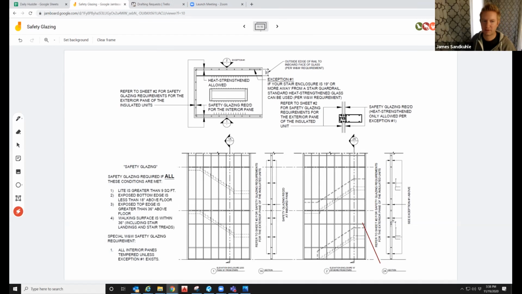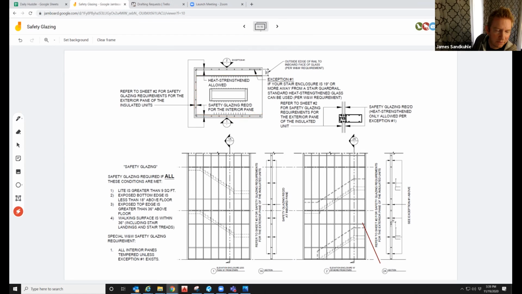Stairwells, fun stuff. Okay, so if you have a stairwell, assume that there's a guardrail all around here. You would need to safety glaze the inside.